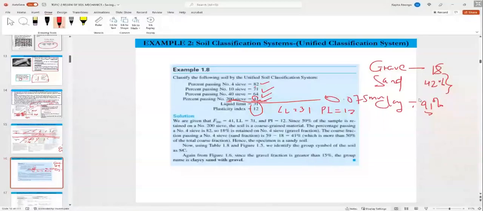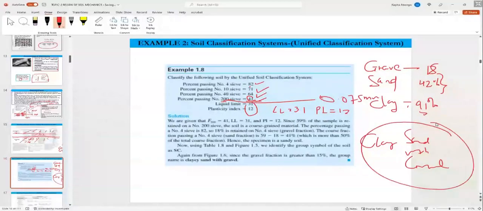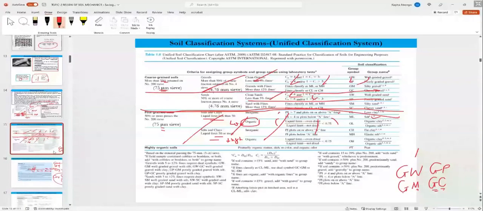So it's clayey sand with gravel. That is the name of the soil. This is where it is, right here. Clayey sand, but don't ignore the portion of gravel because there's a portion of gravel in it.